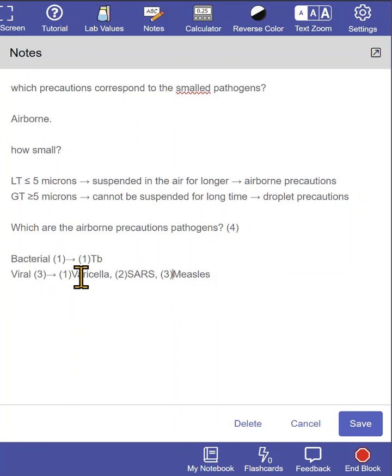So there's really only 4 to choose from, but for bacterial, there's only 1, TB. So all the others will be either droplet precautions or contact precautions.